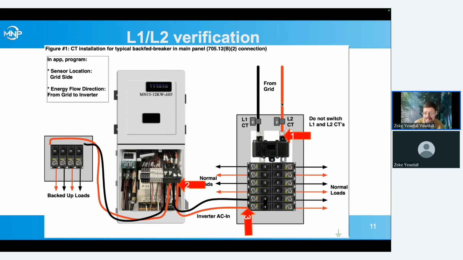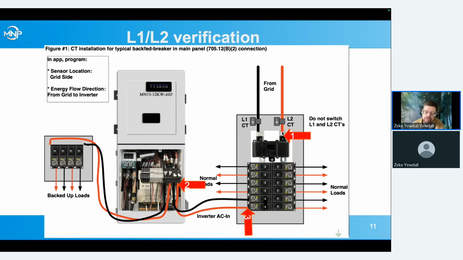So it physically looks like L2 comes down here on the right side and therefore should be the right side output. But we found some main breakers where it crosses internally and the right side input comes out of the left side. So just looking at it is not always enough to tell which is line 2 and which is line 1.